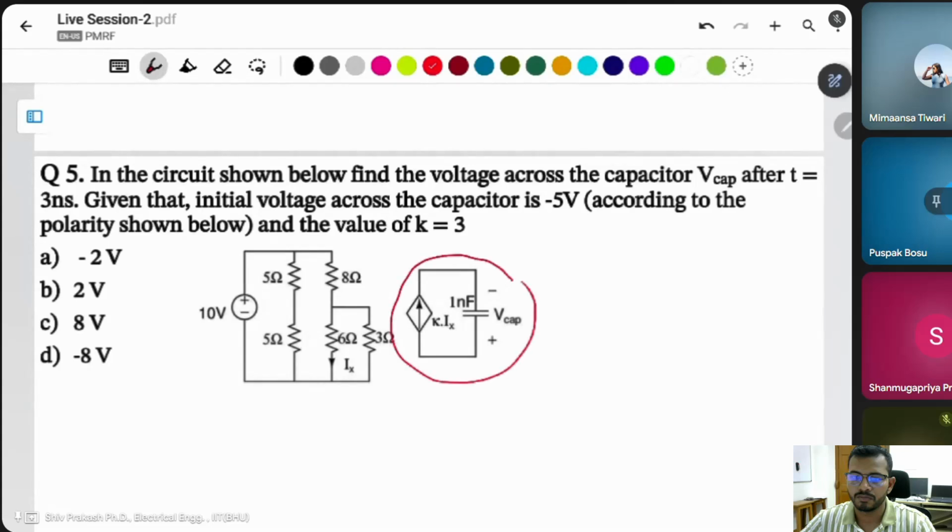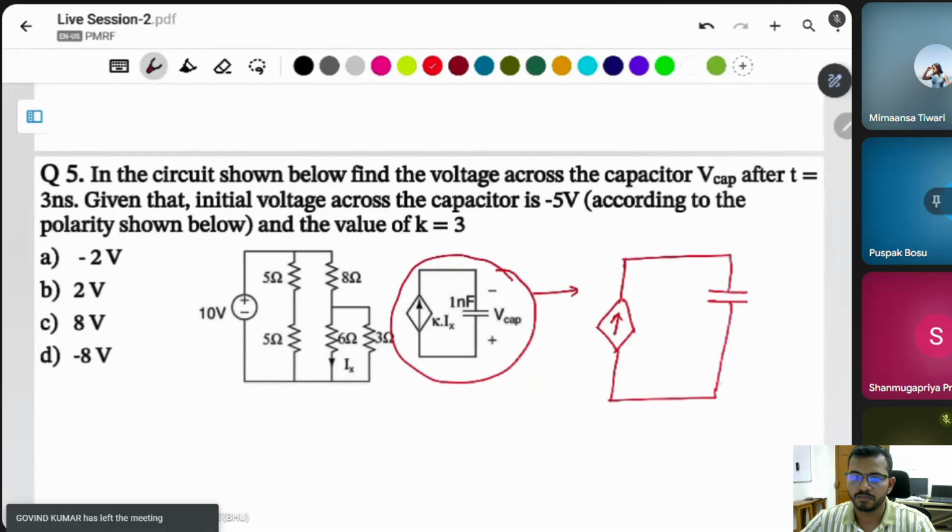There is a circuit, simply I take this circuit. This is a symbol of a current source, with a capacitor. This is denoted as k into ix.